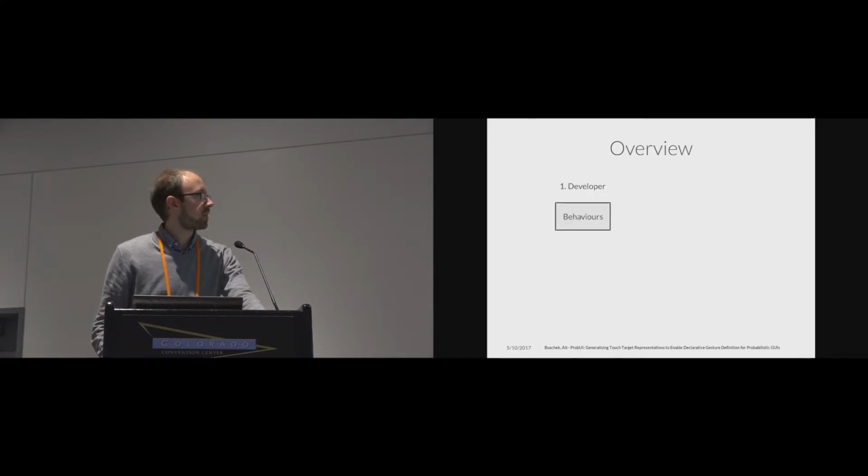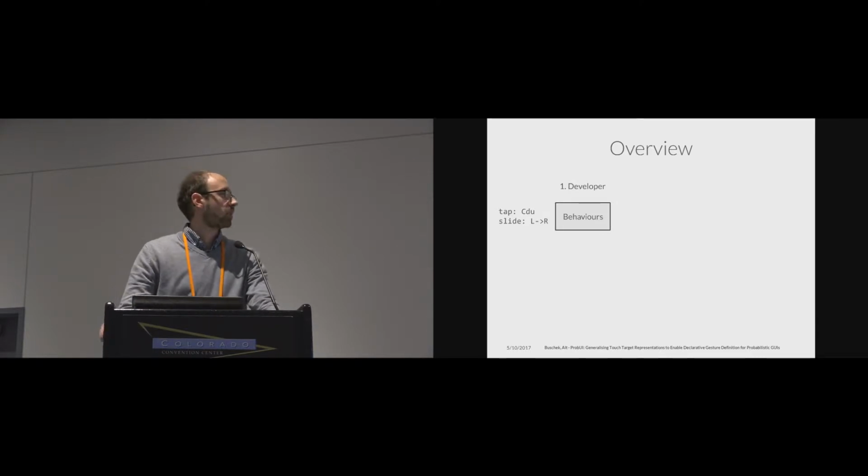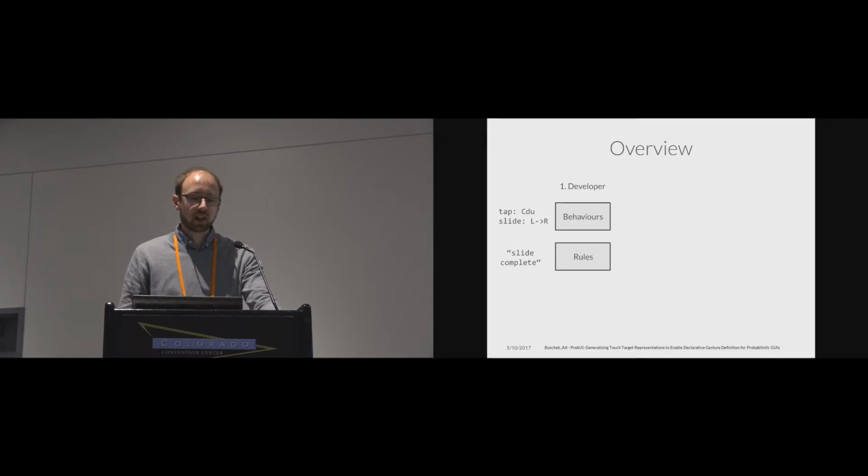So looking at the developer's role, as a developer of a mobile app, for example, I would define some behaviors that I expect in my application. This could be a tap, a slide, other stuff, and for this we use a language similar to that of Proton. I can also define rules, like for example, I want to check if the user completed a slide, and then I want to do something, so I can add some callbacks to that.